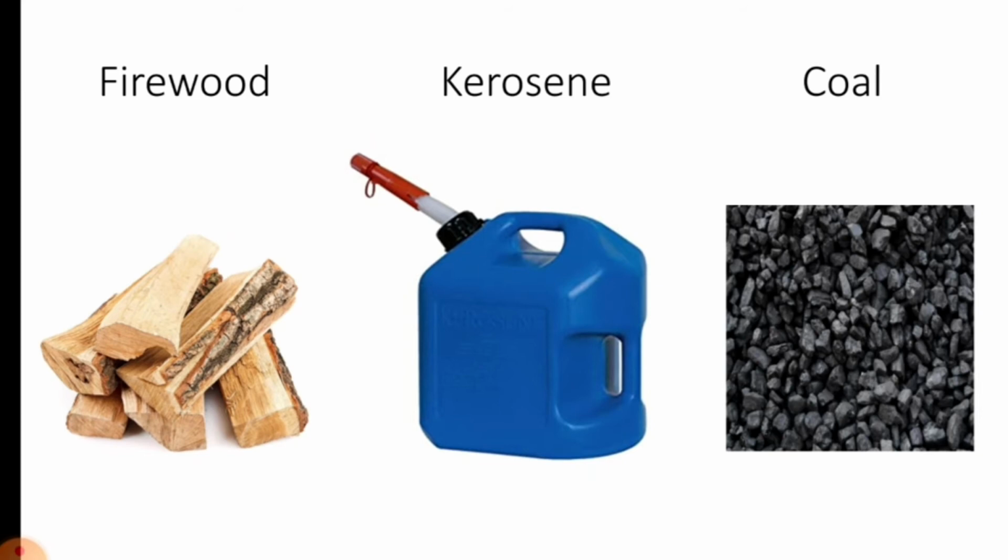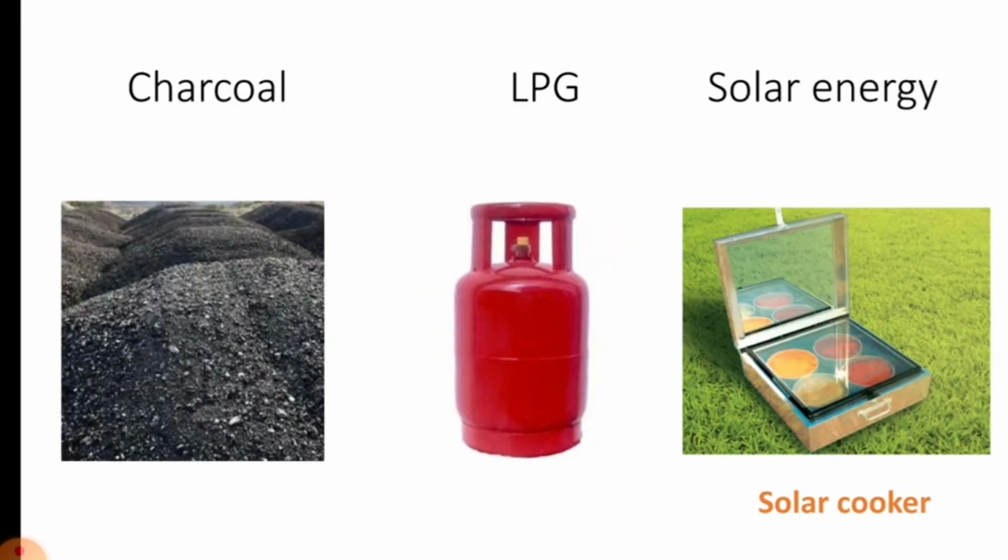To cook food, coal is used in firewood stoves or angitis made of iron. Now the next is charcoal. This fuel is made by burning wood and it is used in firewood stoves and tandoors.